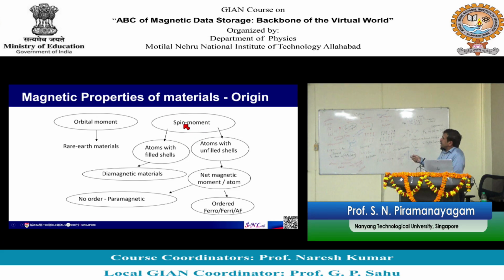So, here again you have like two types of materials. Atoms with the filled shells. So, they belong to diamagnetic materials, which we will not discuss, and there are atoms with unfilled shells, okay, like iron, cobalt, nickel. There we have some net magnetic moment per atom because of the uncompensated spins, and if they are ordered, then we will have ferro, ferri or antiferromagnetic property, and if the net magnetic moments are not ordered, if they are random.